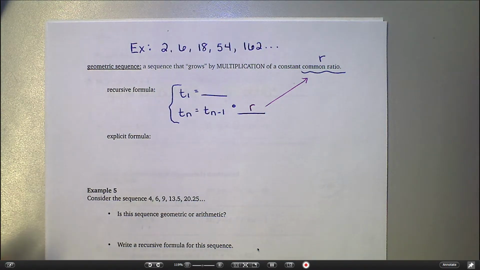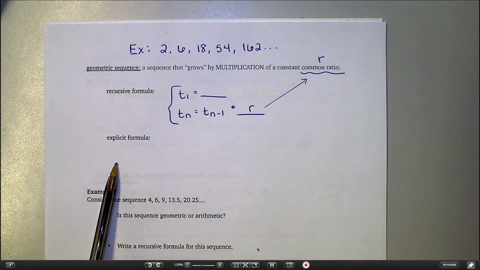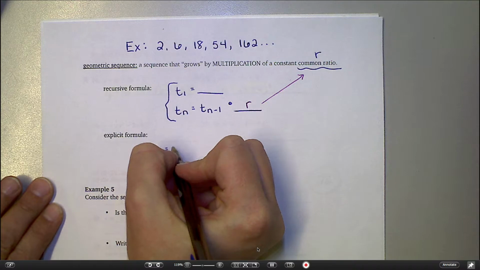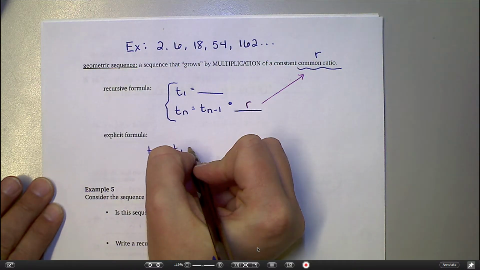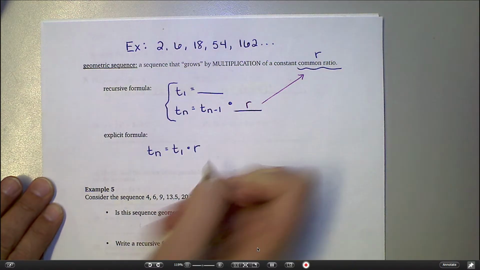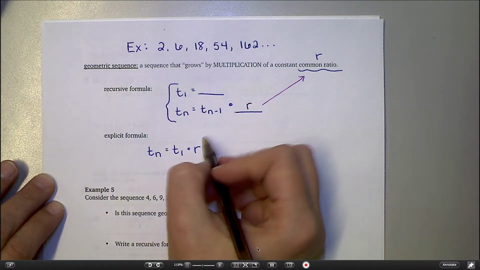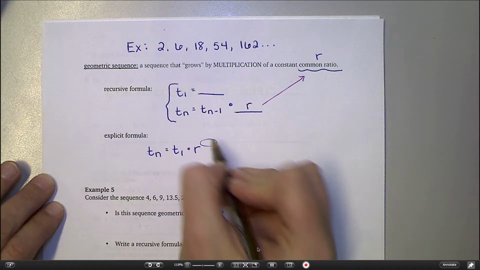The explicit formula, again, similar to what we talked about before, we would say we're always going to start at our first term, and then we're multiplying by R repeatedly. And if you think about multiplying repeatedly, that means we're going to be using an exponent up here.